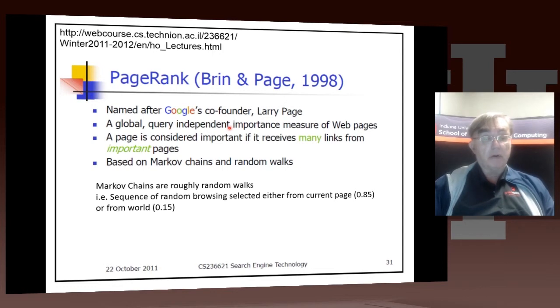The numbers 85 and 15, which add up to 100, can be chosen to be different values; these are just typical values. And 15% of the time, it will just go to a general link. Naively, that means the person goes to the top of the browser, types in a new link and goes there.